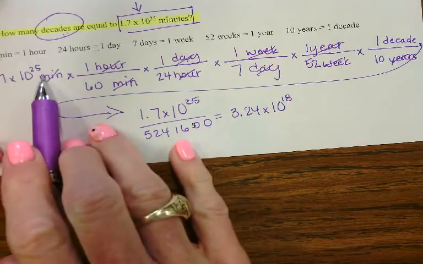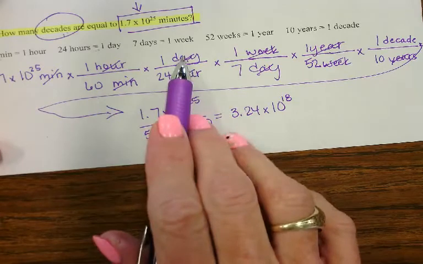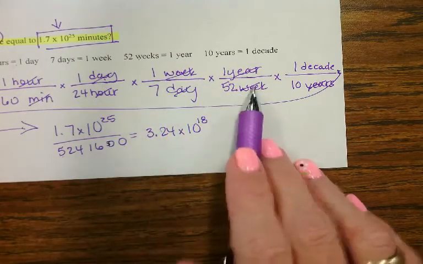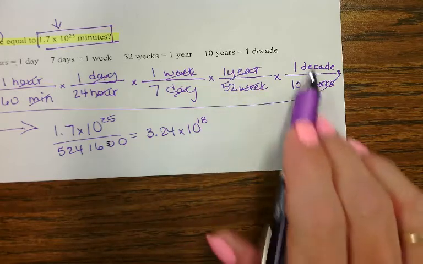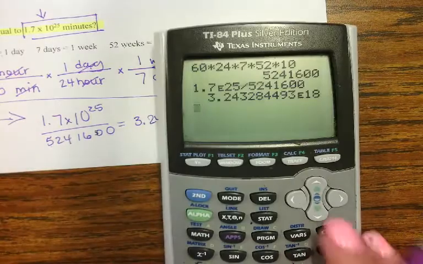Minutes, hours and minutes, 24 hours in a day, days in a week, 52 weeks in a year, 10 years in a decade. Okay, 1.7 times 10 to the 25th. Let's math it again.